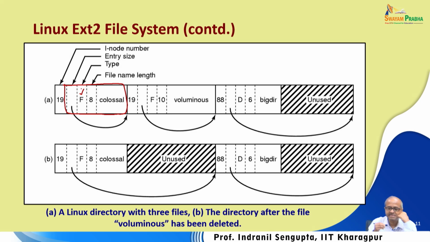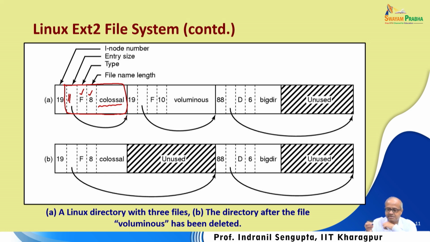This F indicates it is a regular file. 8 indicates how many characters are there in the file name, and this is the name of your file, 8 characters. This is your second file, and there is a pointer out here which points to the next entry of the directory.